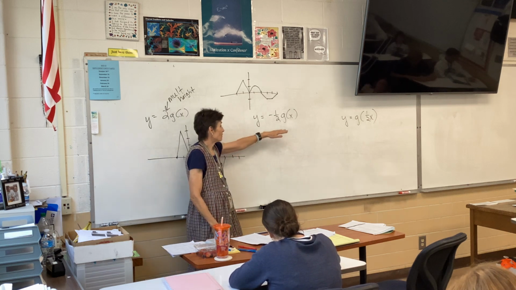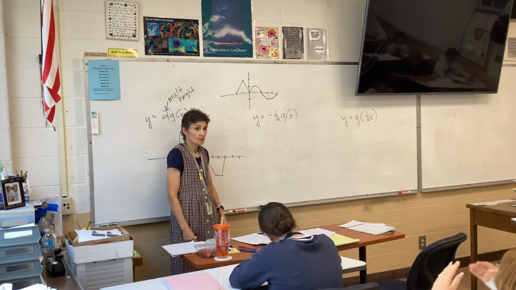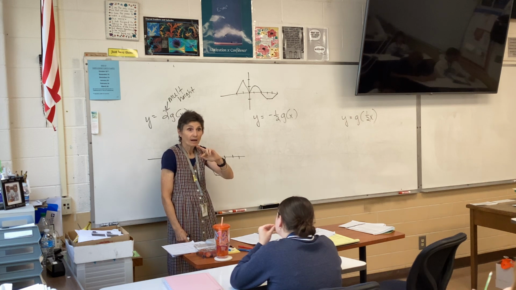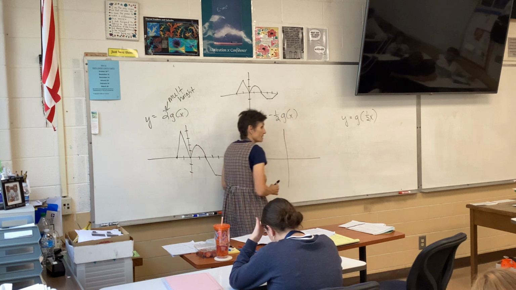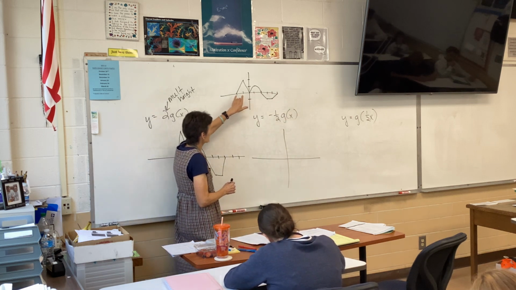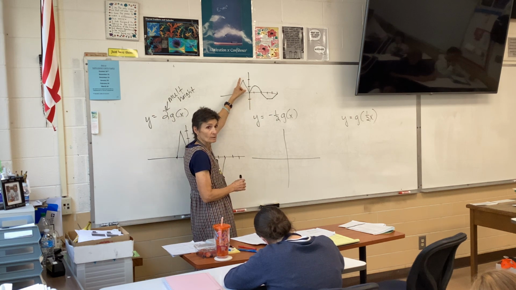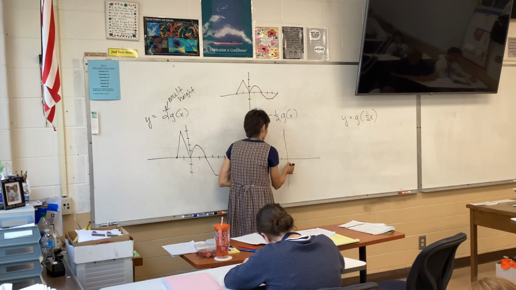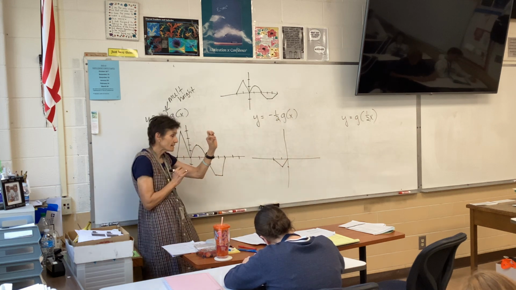Now, tell me about this. What's going to happen here? It's going to be half as tall, and it's going to be upside down. So let's see if I can do all that at once. It's going to be half as tall and upside down. See this triangle? It went up 2. Well, now it's going to go down 1. It's upside down and it's half as tall.